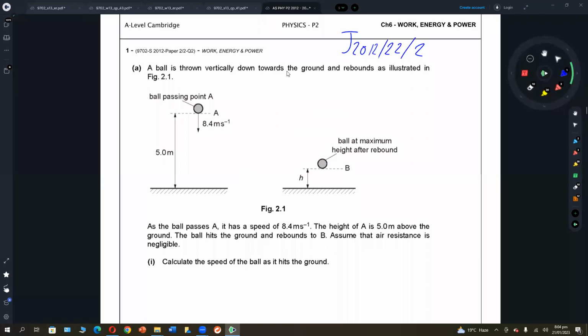Ball passing point A, its velocity is 8.4. Ball at maximum height after rebound. As the ball passes A, it has a speed of 8.4.